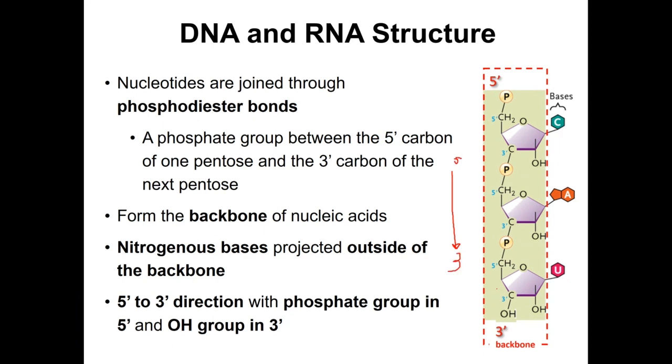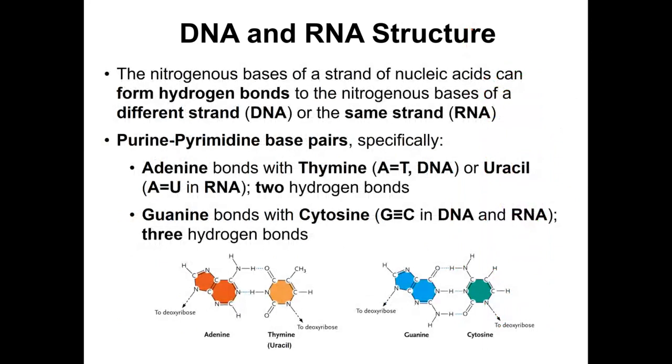Basically, it can add the next nucleotide only to this hydroxyl group. So it would add the next one here, and then the next one to the hydroxyl group of the nucleotide that I just added, getting it to grow in this direction. So it cannot add any nucleotide to the phosphate group. Otherwise, it would be growing the strand in this direction, which would be a 3' to 5' direction. So that's the reason why it's important to understand. It's important also when we talk about anti-parallel strands forming the alpha helix. We'll get there in a second.